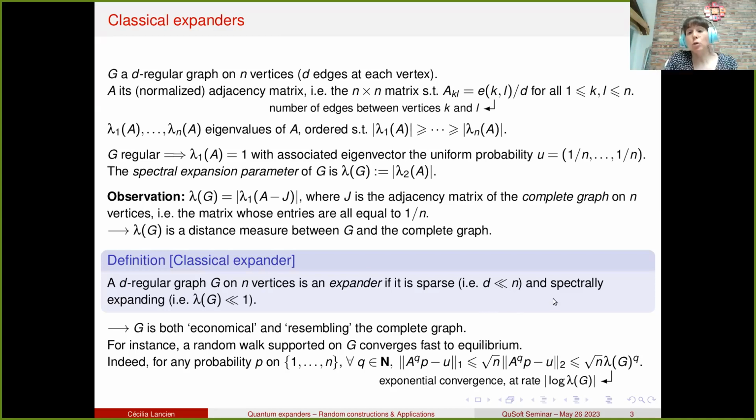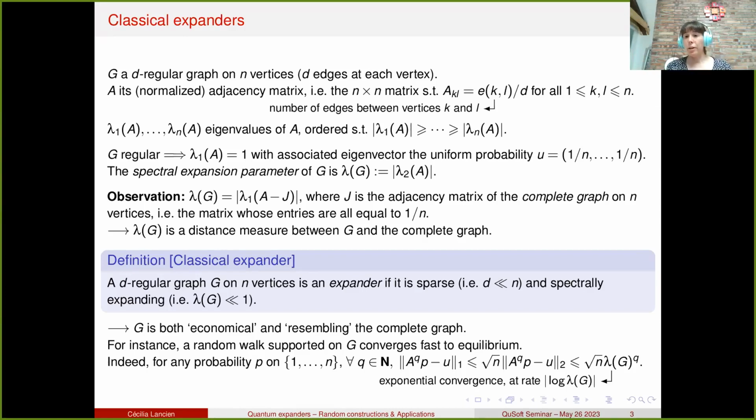At the same time, you want it to be spectrally expanding, so that the parameter lambda of G is small compared to 1, which means that from the point of view of this distance measure, the graph is still close enough to the complete graph. So this definition says you want your graph G to be an economical version of the complete graph.